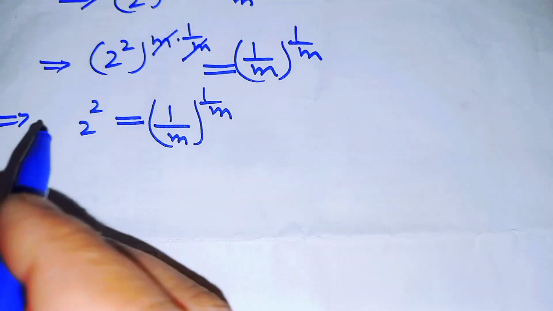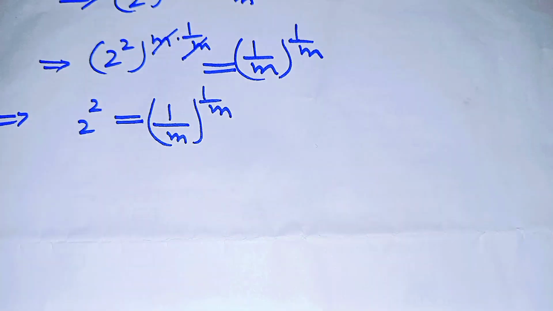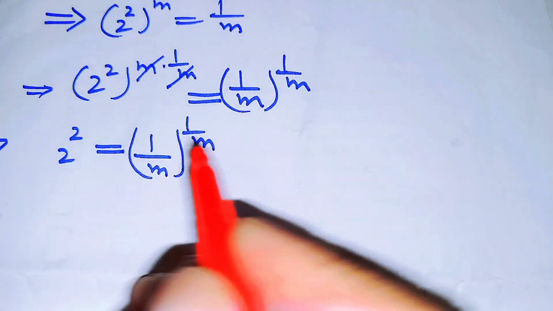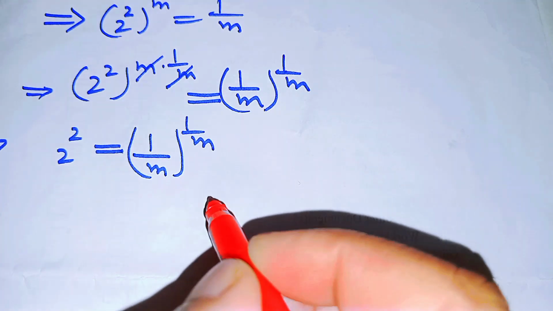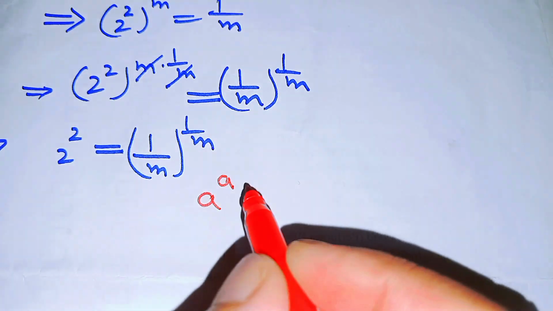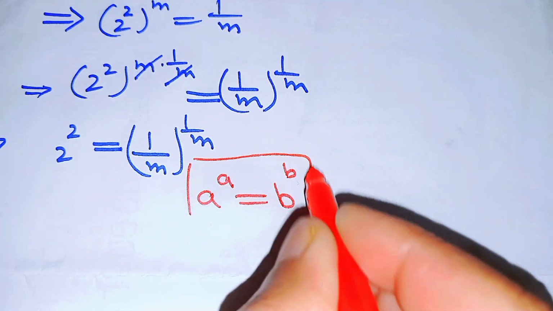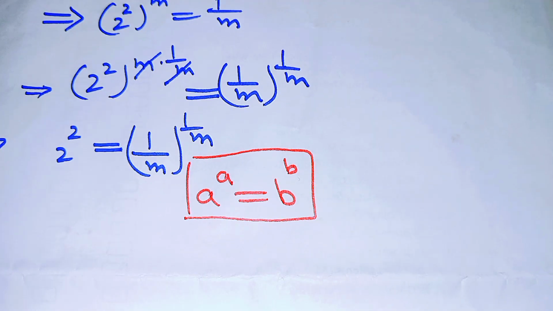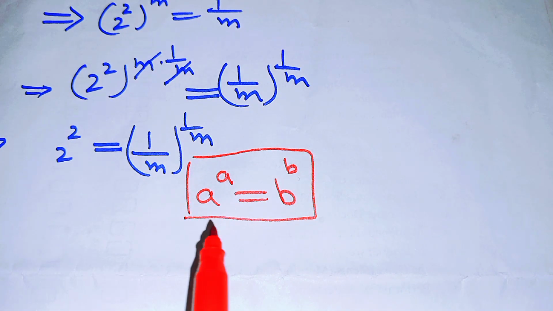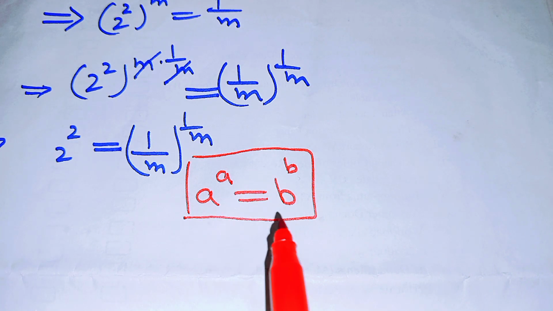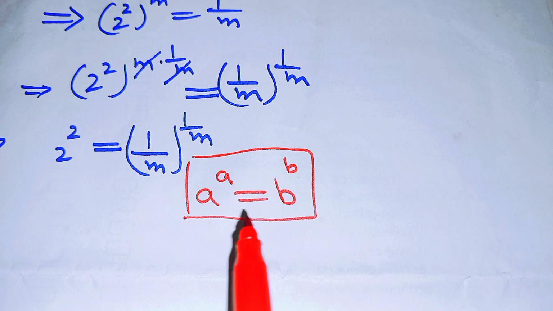Now we know the formula: a to the power a is equal to b to the power b, meaning the bases are the same and the powers are the same on both sides.